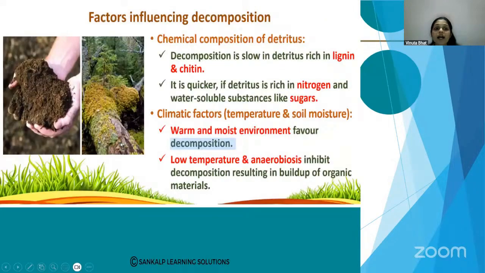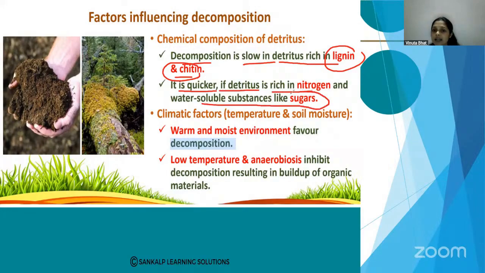Then what are the factors that influence decomposition? The first one: decomposition is slow if the detritus is rich in lignin and chitin, so it requires more time to break down. It is quicker if the detritus is rich in nitrogen and water soluble substances like sugars.